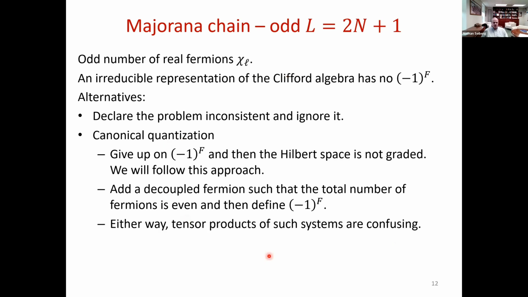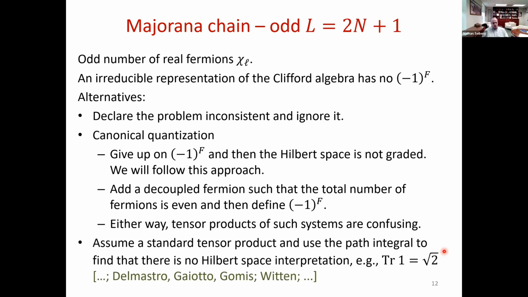Either way, tensor products of such systems are confusing, because if we take two copies of systems with an odd number of fermions, then we suddenly have added two decoupled fermions, so we end up with the wrong answer. And similarly here, if we take tensor products, it's confusing because we don't have the grading that exists in the tensor product.